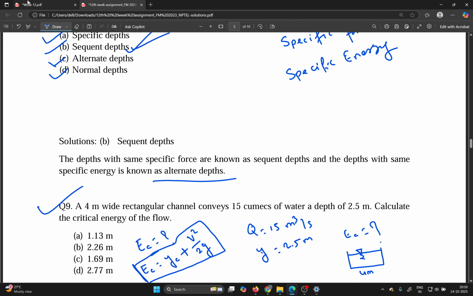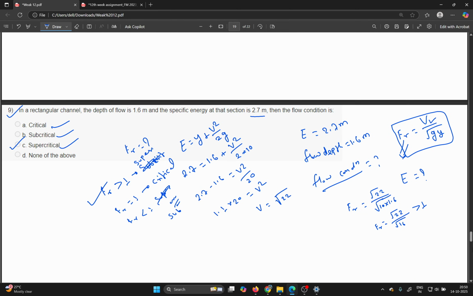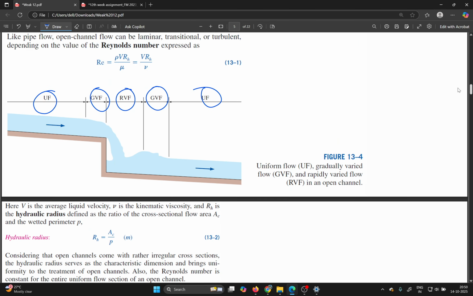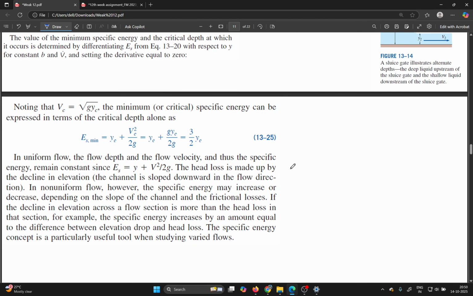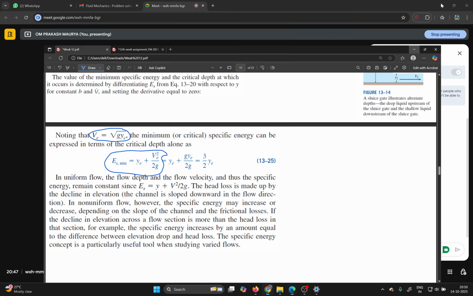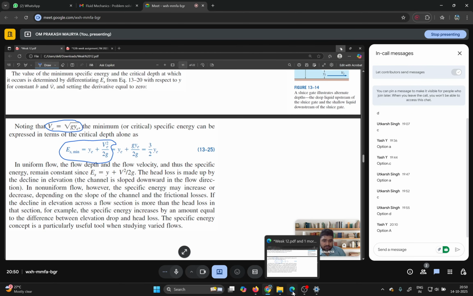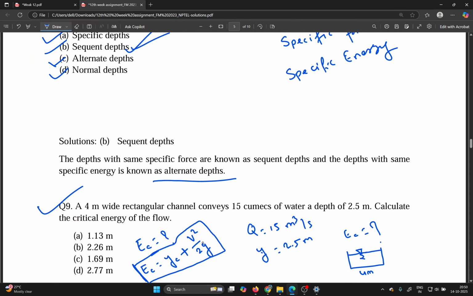I think previously I have discussed about this also. Here we have some conceptual point that I was telling about in the beginning. Velocity will also be critical, remember this. Critical velocity: Fr is equal to Vc by root of g Yc, which equals 1 at the critical depth.